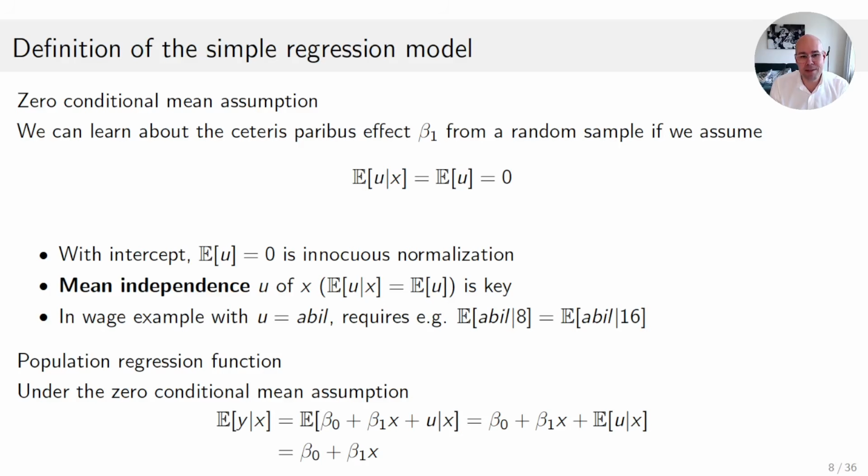And the zero conditional mean assumption is that the expectation of the error term or disturbance for a given x is equal to the expectation of the error term unconditionally, so if we don't condition on x, and is equal to 0.